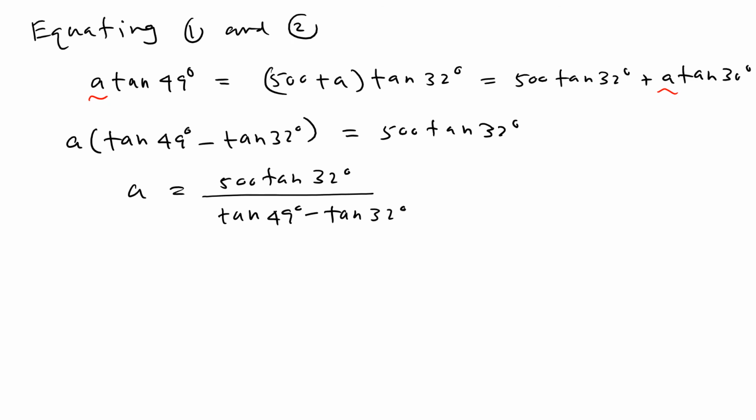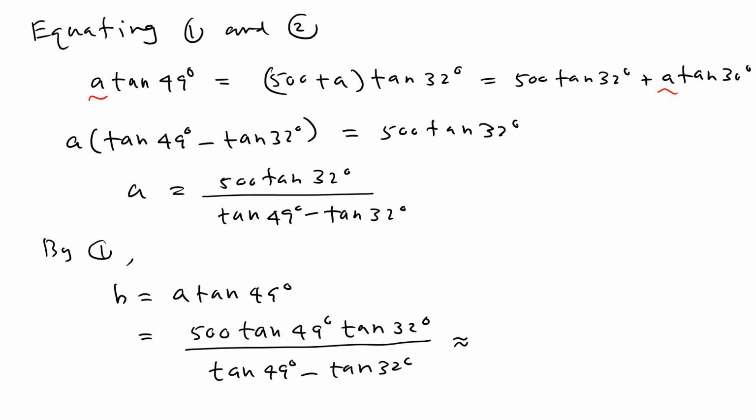Then we plug that in. By equation 1, we have H equals A tan 49. So plugging in this value and using a calculator, we get the value 683.9 meters.